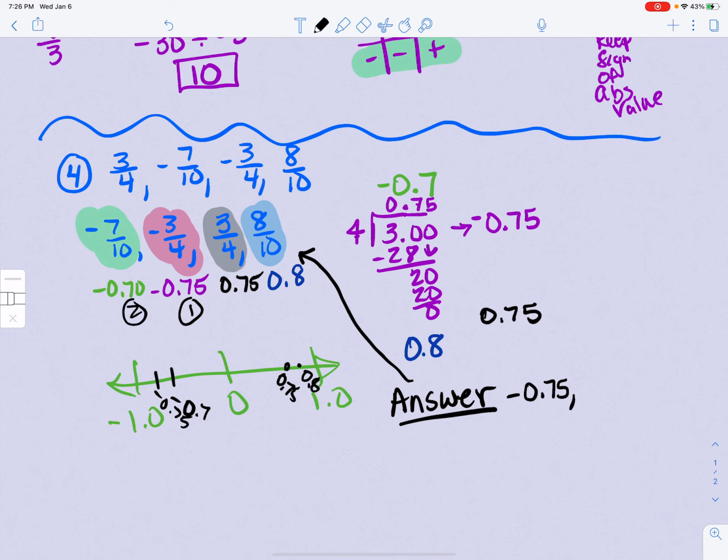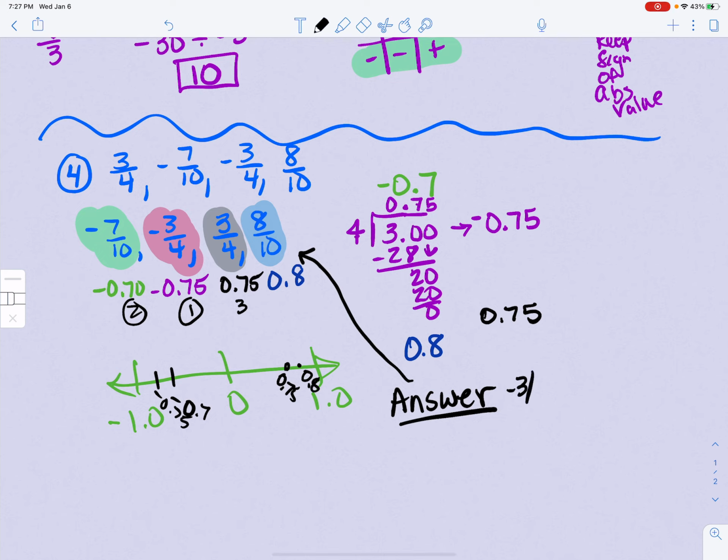The next one will be negative 70 hundredths. The next one will be 75 hundredths. And the last one will be, oh, dang it, Miss Began. What did I do? I'm supposed to be writing them as fractions, so I have to write it the other way.